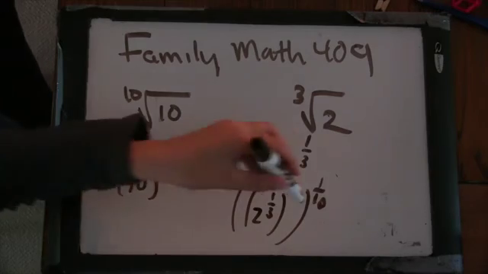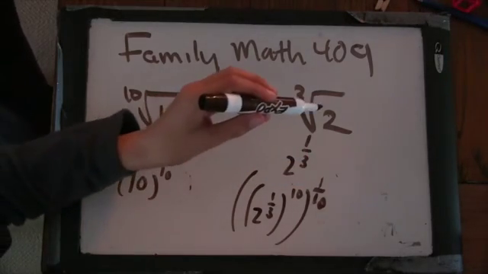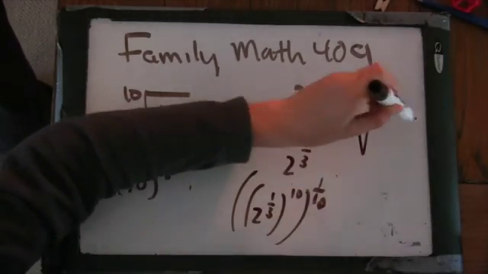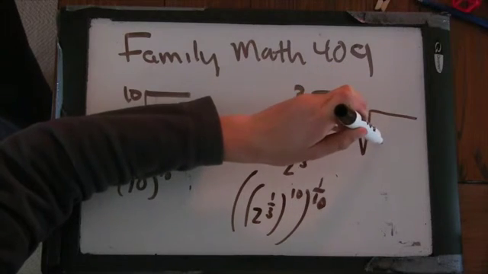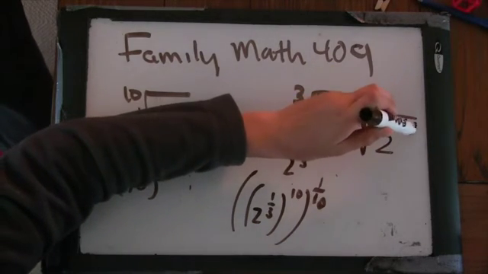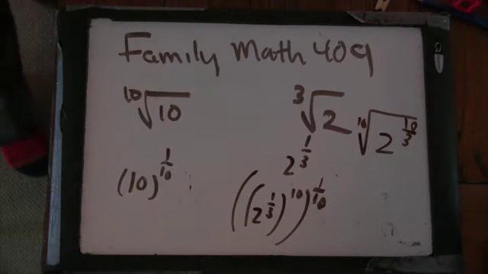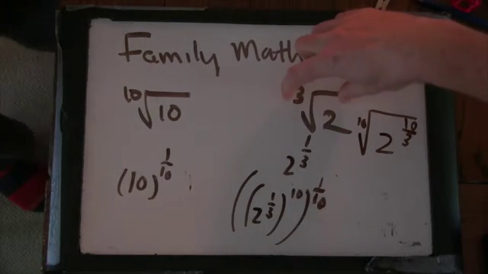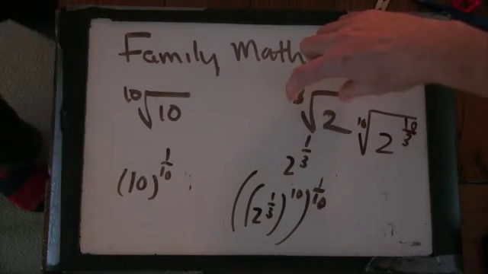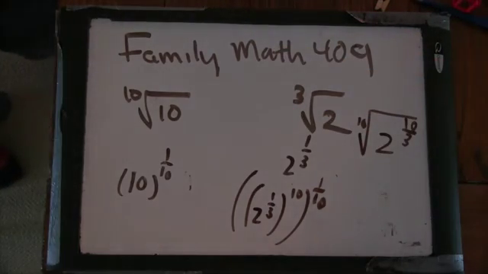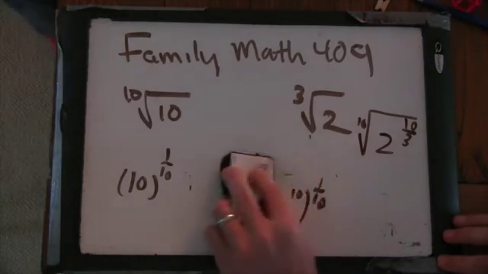So here we would have the 10th root of 2 to the 10/3. And we're going to try to compare that now. That's the same as the cube root of 2. Yep. And we're going to try to compare that to 10 to the 1/10. Very nice.